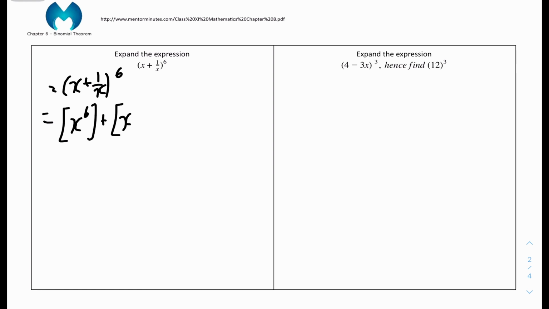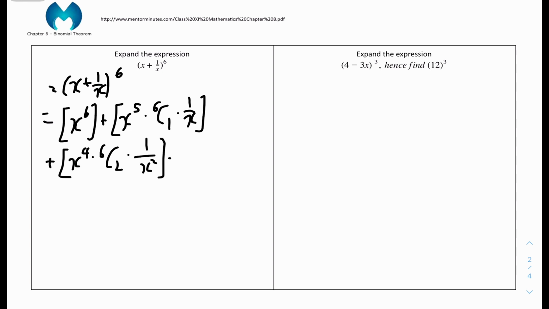Second term, x to the power of 5 times 6c1 times 1 over x, plus the third term, x to the power of 4 times 6c2 times 1 over x squared, because we can just do 1 over x to the power of 2 straight away by just squaring the x in the denominator.